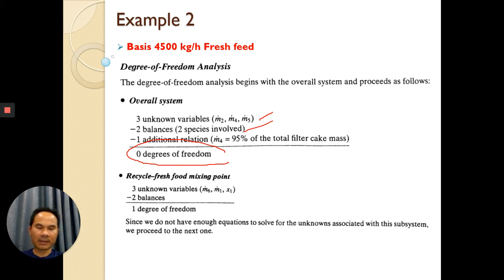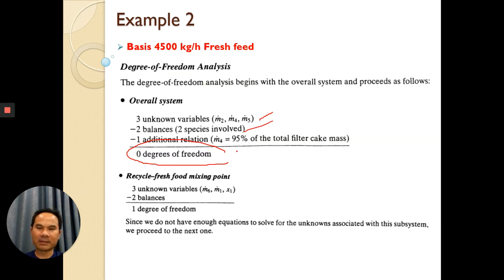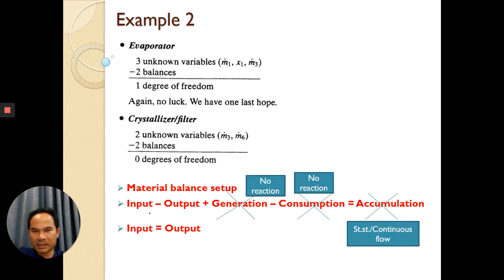That's the overall balance. Next we check the recycle and fresh feed mixer. If we balance around this, we have 2 inputs. We know fresh feed; M6, M1, X1 are unknown. We have 3 unknowns and only 2 balance equations, so 1 degree of freedom. In this case, we cannot solve for the mixing. Next, we check the evaporator balance.